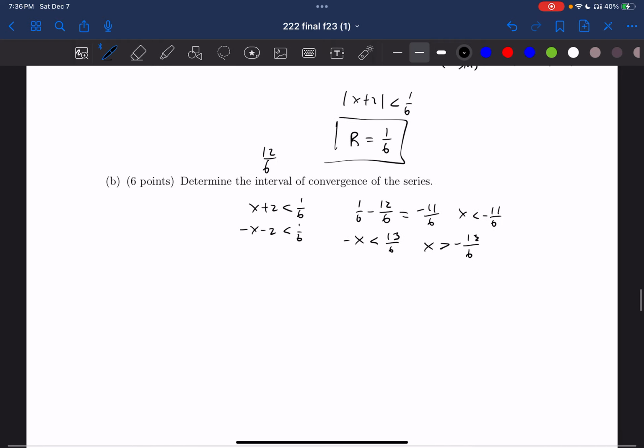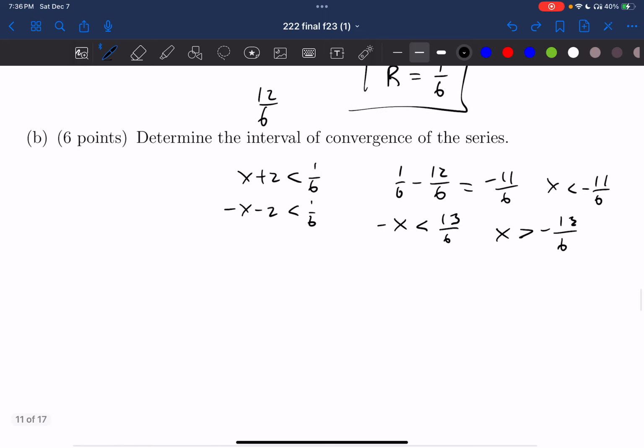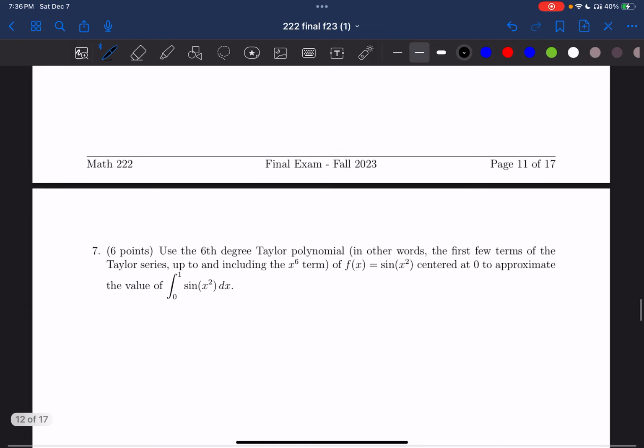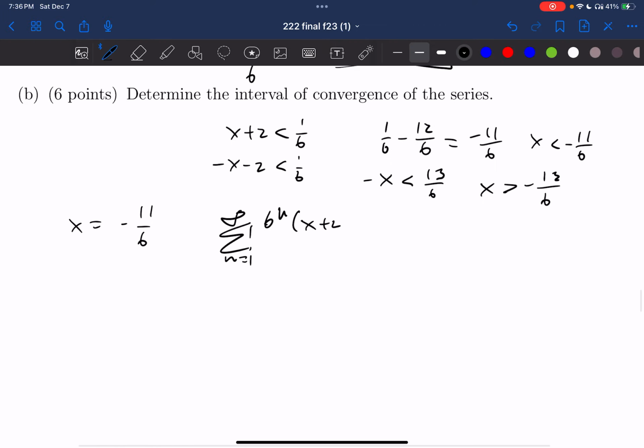Okay, so here we have this so far, but we need to test the endpoints to see if they converge or diverge. So when x is equal to negative 11 over 6, plugging this back into the summation is pretty simple. You'll see the pattern once you do these a few times. 6 to the n power, and then x plus 2 to the n power.